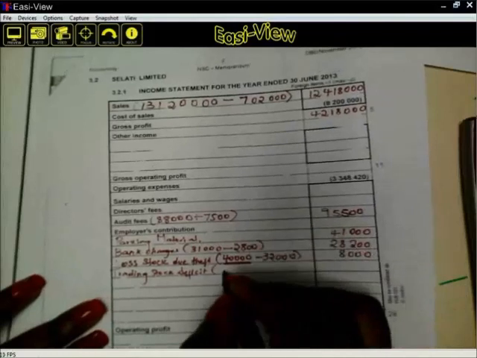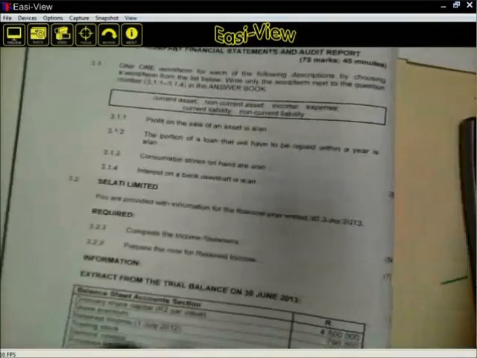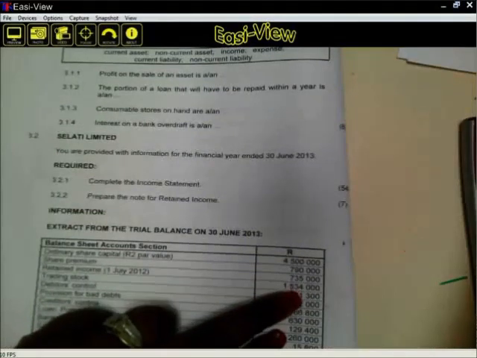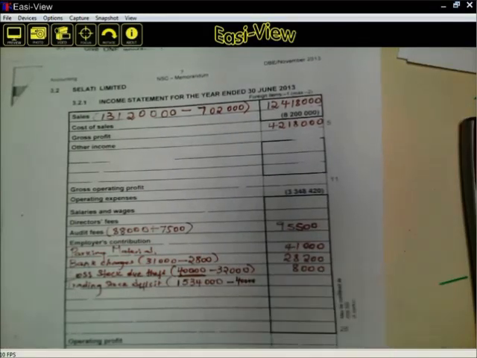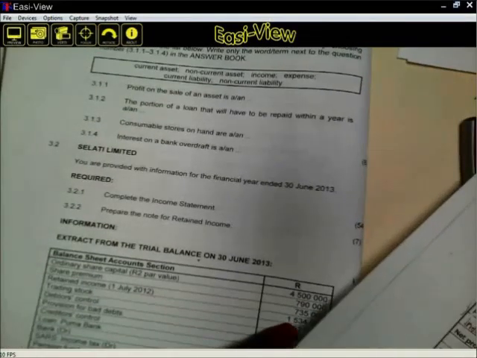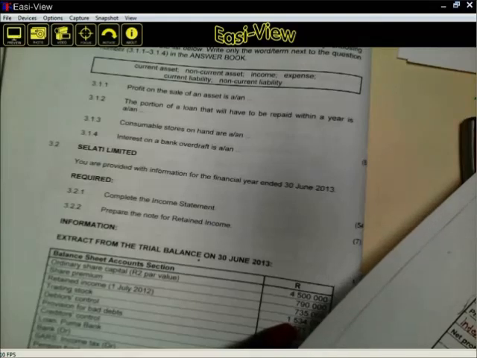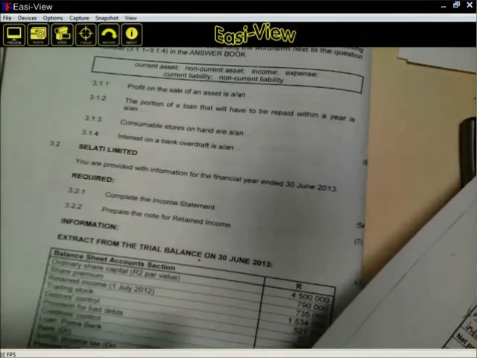So we're coming back, we're saying from our information, the trading stock deficit, we are going to have 1,534,000, and then we must subtract the 40,000 stock that was stolen. We must subtract it because remember this was the stock that we had in hand at the beginning, and the stolen one was stolen during the year.